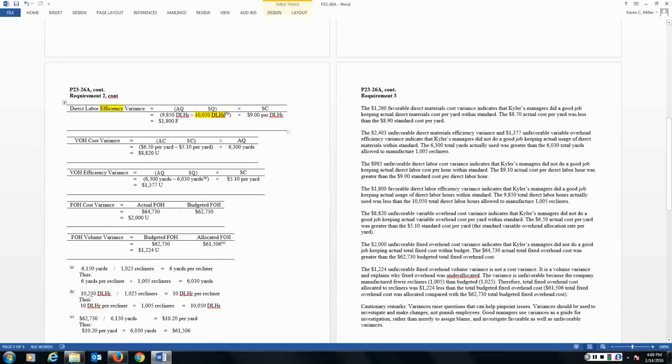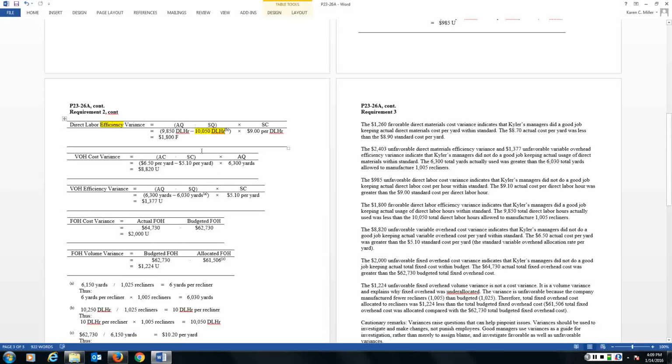All right, we thought it should take 10,250 hours for 1,025 recliners, so we were estimating 10 hours per recliner. And how many did we manufacture? 1,005. So we estimated that it should take 10,050 hours of direct labor to manufacture these chairs. So we actually used fewer hours than we thought. That's a favorable variance.